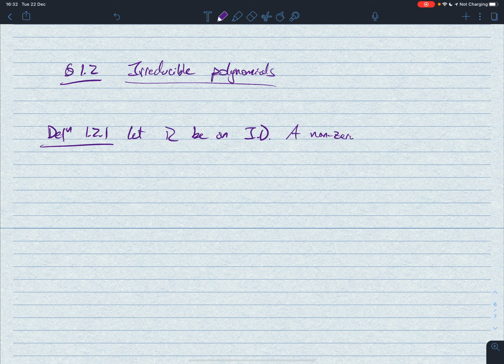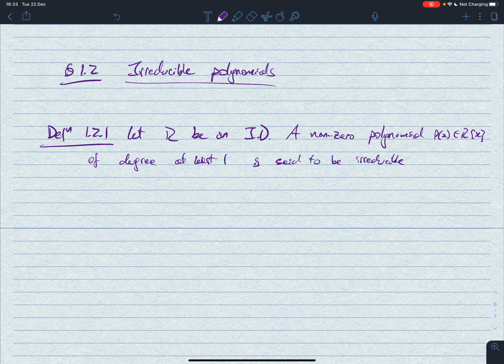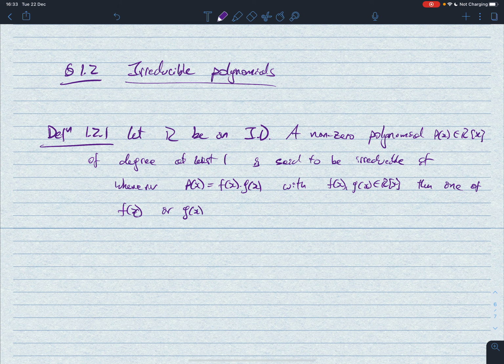A non-zero polynomial P of x in R of x of degree at least 1 is said to be irreducible if whenever you can write P of x as f of x times g of x, for f and g other polynomials f of x, g of x in R of x, then one of f of x or g of x is in R, i.e. has degree 0.